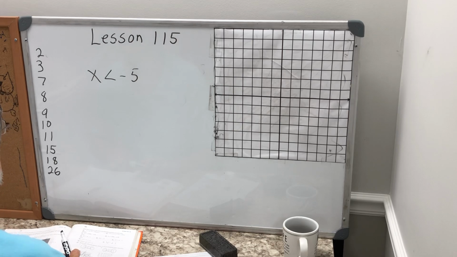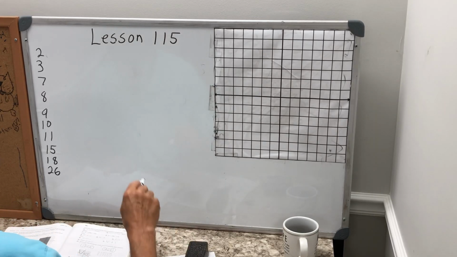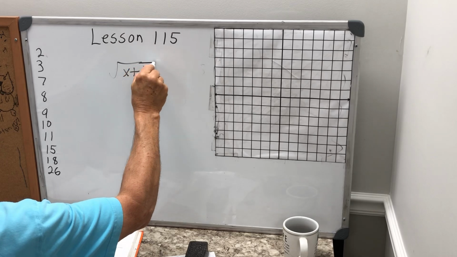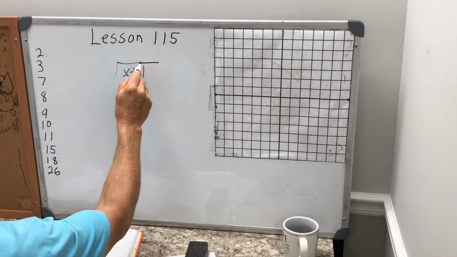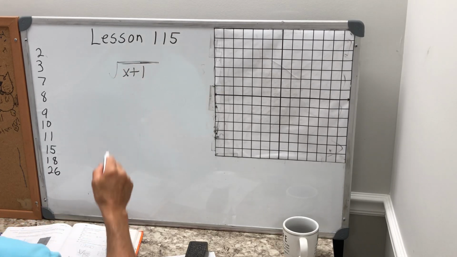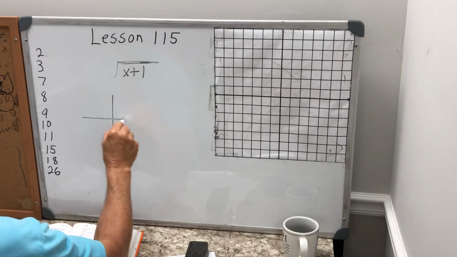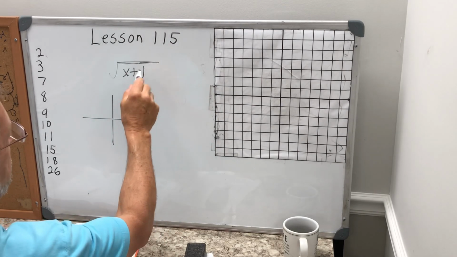We go to number 10. Sketch the graph of the square root of x plus 1. These are ones that we've been working on before, and this is from lesson 110. Make our homemade graph. This is the same as inclusive marks.